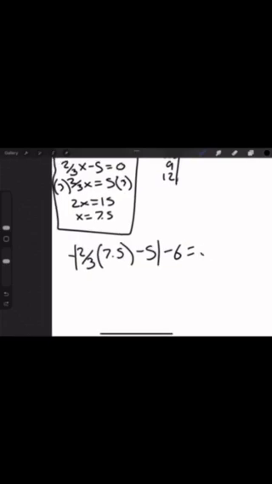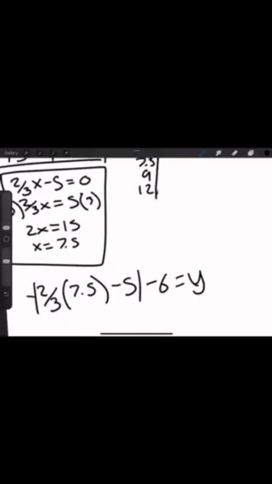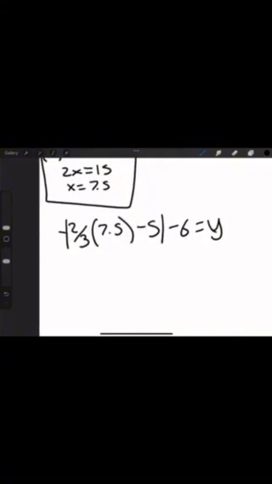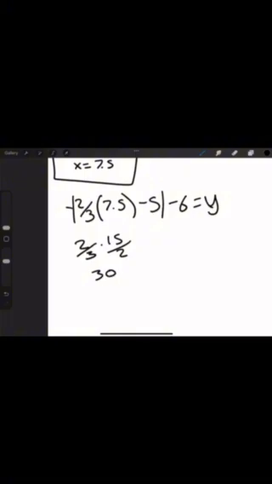Equals y, since we're trying to find the y's. So for here, we're going to have to do this here, which is 2/3 times 15 over 2, which is 30/6, which is 5 minus 5.